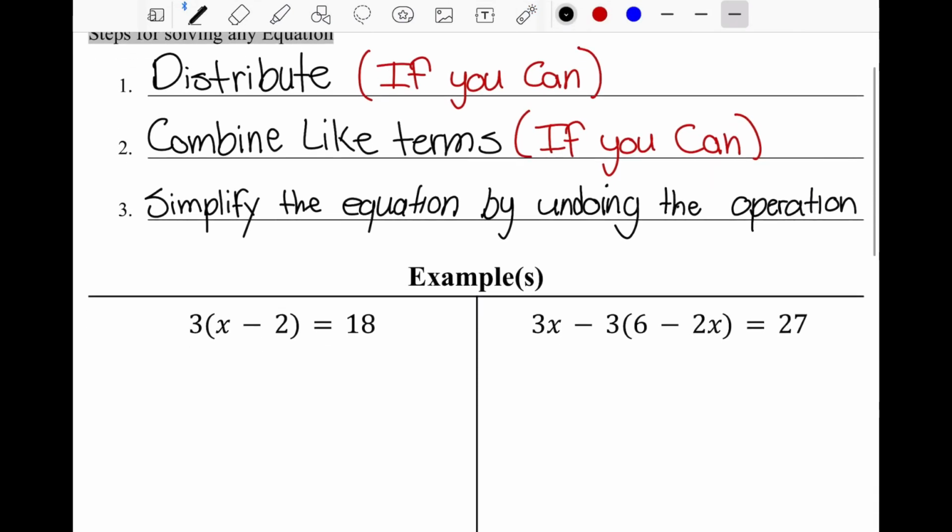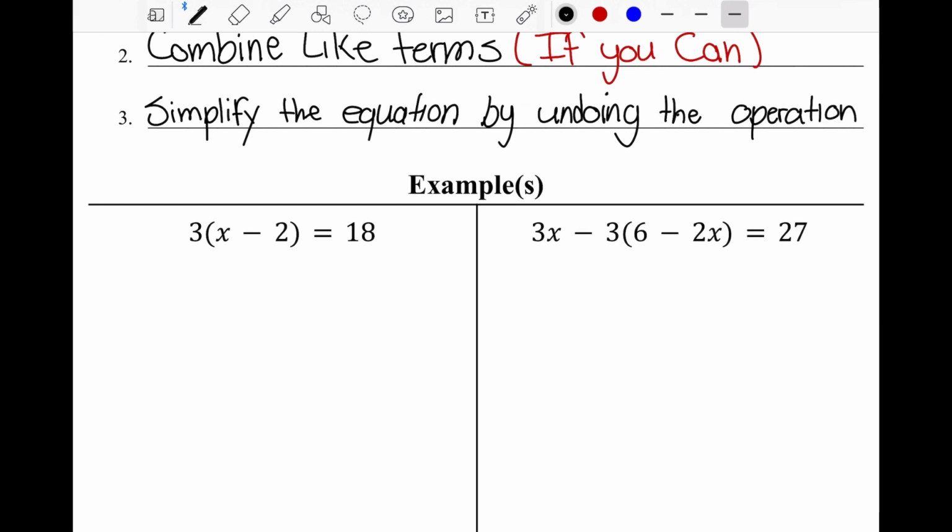In our first example, what I want us to look for every time is parentheses. That's the first thing we look for. This one does have a set of parentheses, so what we have is distributive property. Distributive property states that we take the number that's right outside or in front of the set of parentheses and multiply every time.